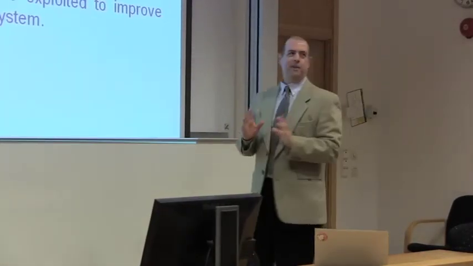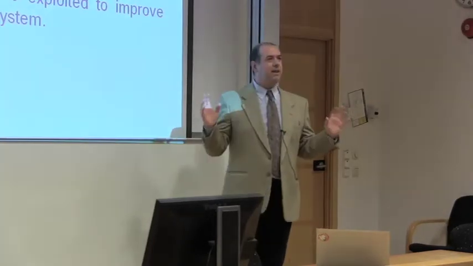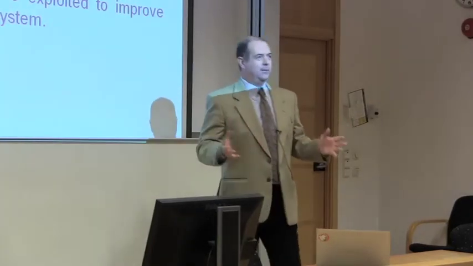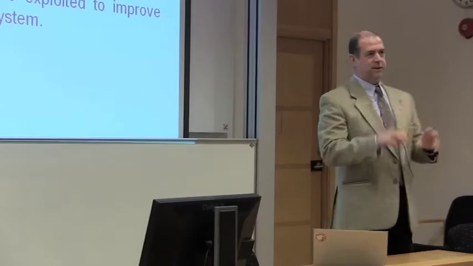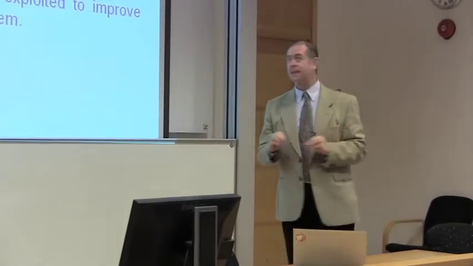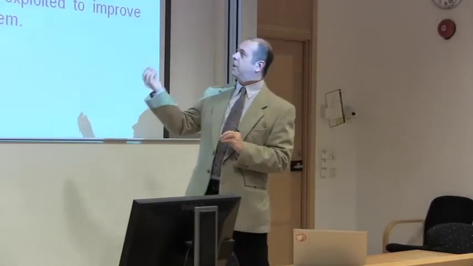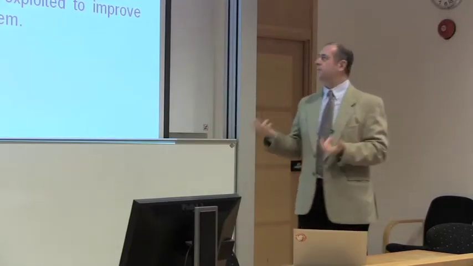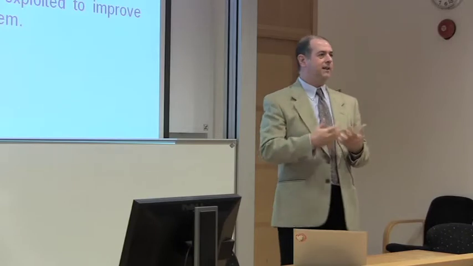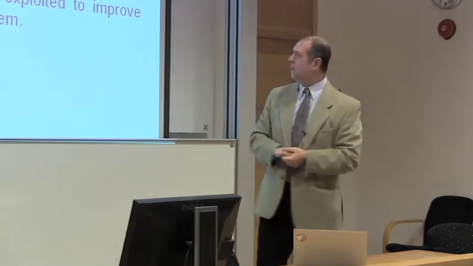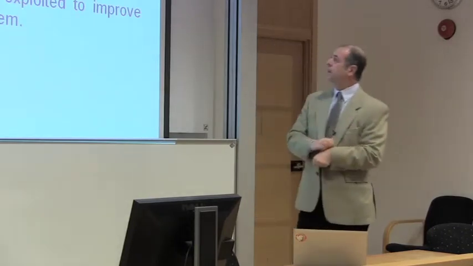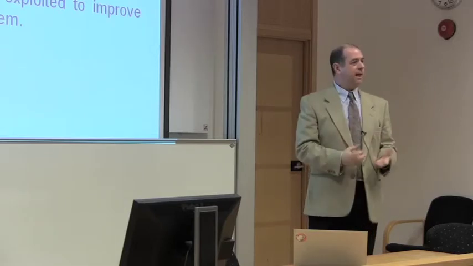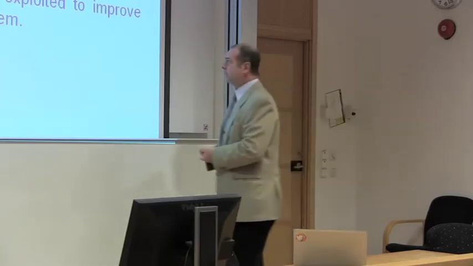Well, each of these problems is a big issue. So I don't have time, of course, to deal with all of them in detail. But to exploit parallelism, one thing we are sure of is that sequential programs, written in a sequential language, are no longer the most appropriate way to specify a program.